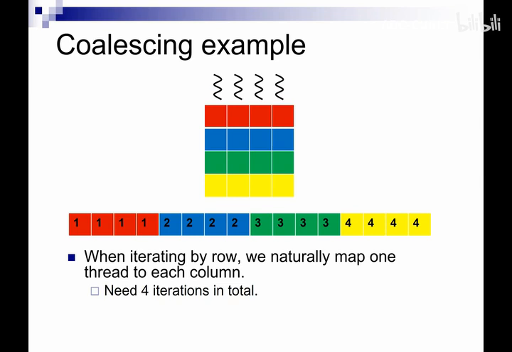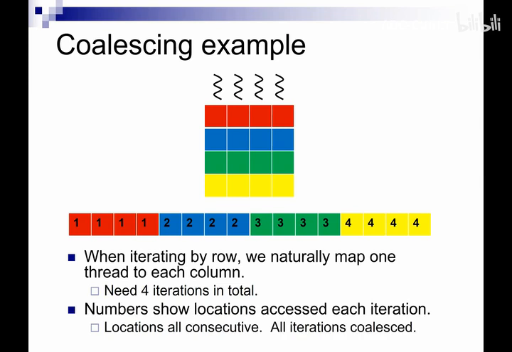On the next iteration, we read these blue values, which are also consecutive in global memory, so they're within one memory segment, and we do another coalesced memory access. Then we read these green values, which are coalesced, and the yellows are also coalesced. So in total, we've done 4 coalesced memory accesses.